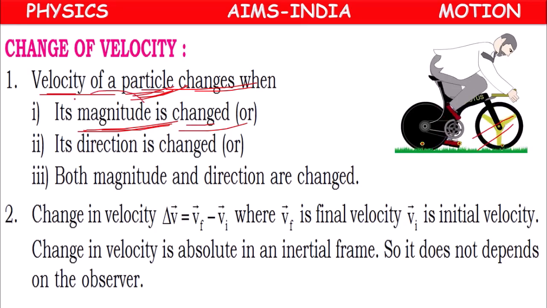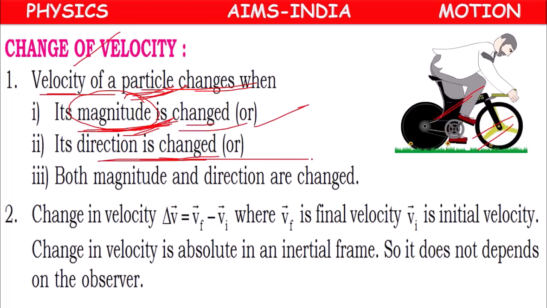So that is one reason. By increasing the force, either because of pedaling, or because of the engine of a car, any reason, if the magnitude value is changed, then velocity will change. Or if direction changes, then also velocity changes.